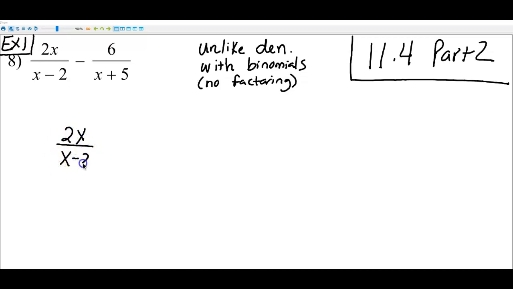So let's jump in. I'm going to rewrite it. You don't have to rewrite it. I like to see the original problem, but now I'm going to start doing stuff to it. Here's what I'm going to do. I want these denominators to match. First of all, anytime you have binomials, I like to put those in parentheses. The problem won't necessarily do that for you, but I think it's helpful.